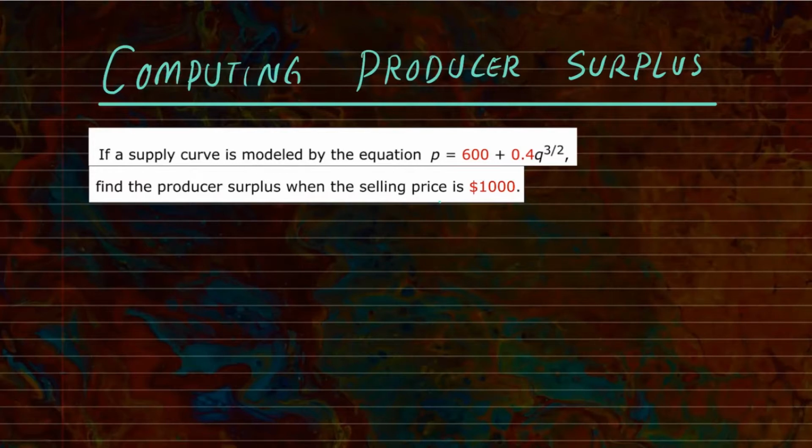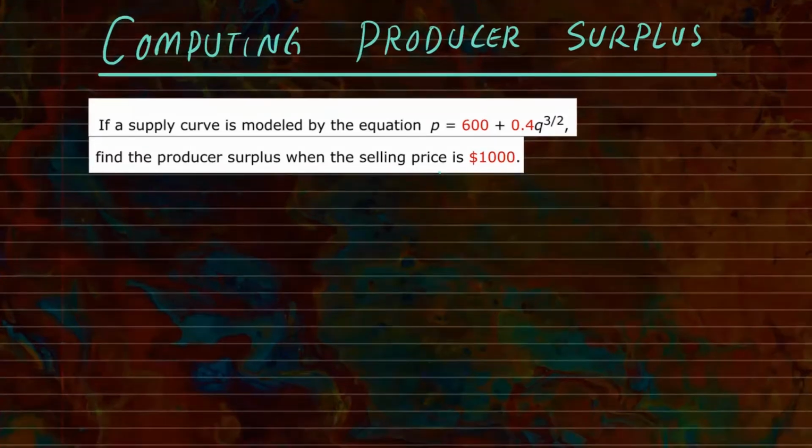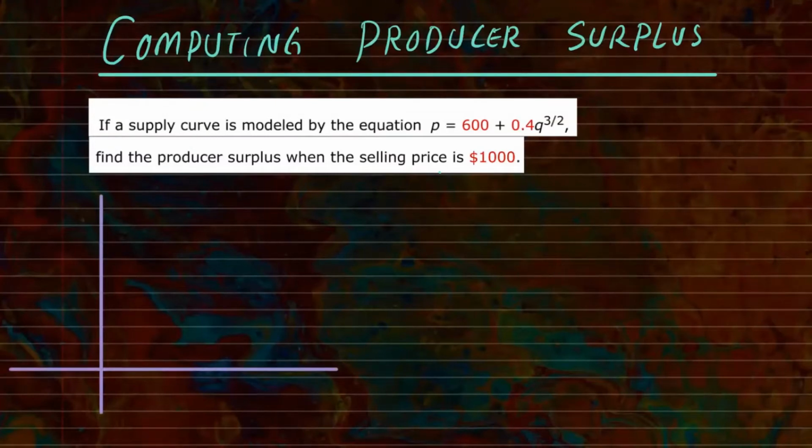Think of it as you have some supply curve. Let's suppose this is our quantity and price axis. Let's call this quantity and let's call this price. And you have some curve, maybe something like that.